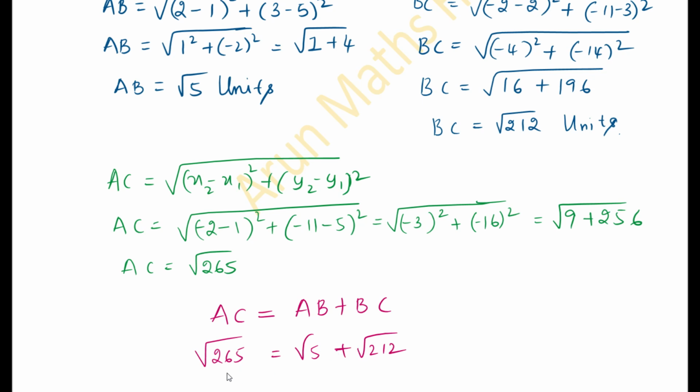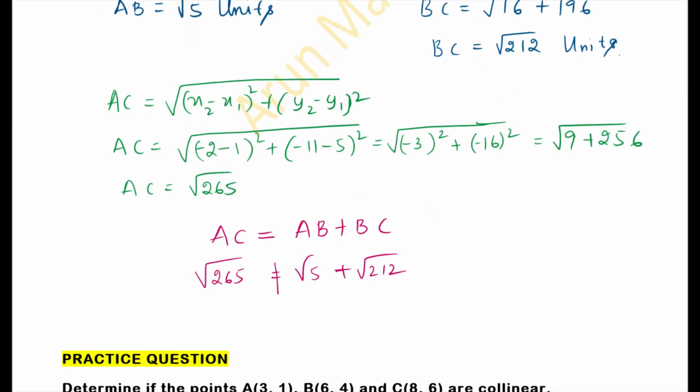Definitely you can see that the square root of 265 is not equal to root 5 plus root 212. Therefore, the points are not collinear.